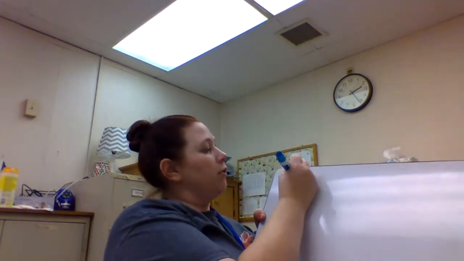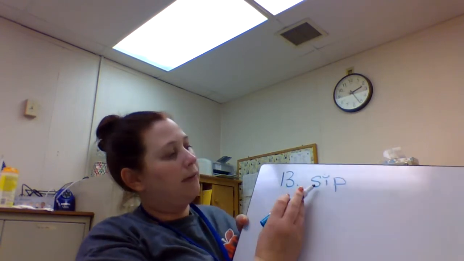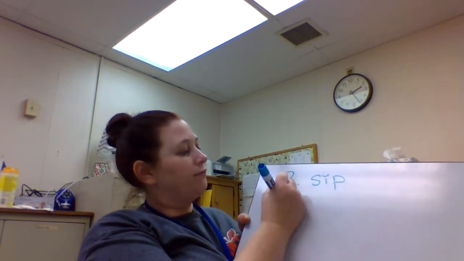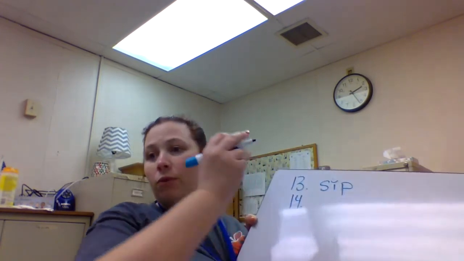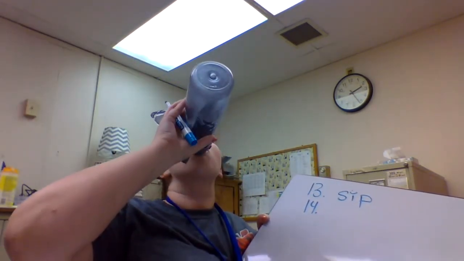Get your worksheet out. We're going to code the words on the worksheet. Number 13 is sip. All right, there's a vowel and a consonant, so it's going to get a brev. Sip. Number 14. I need a drink of water, guys. I've been talking too much today.